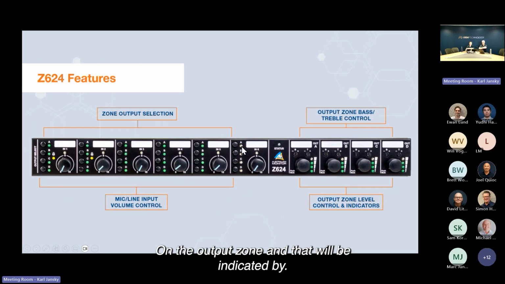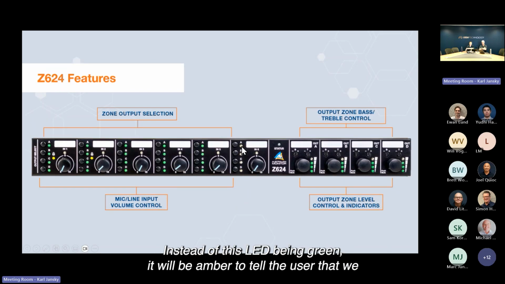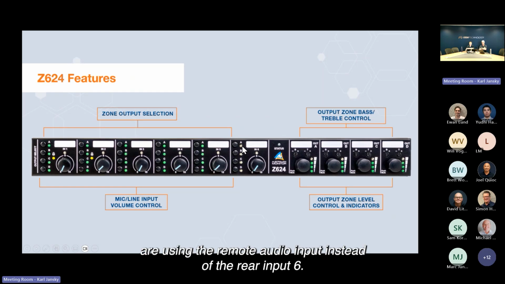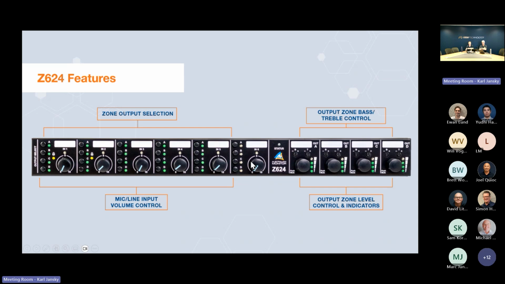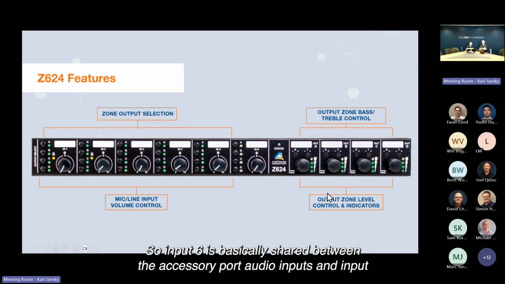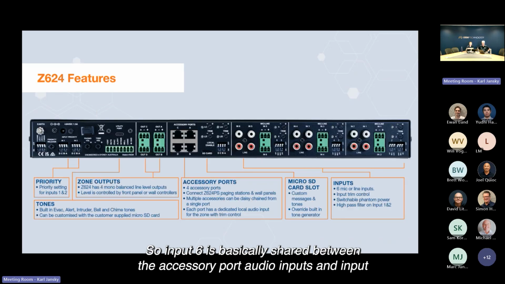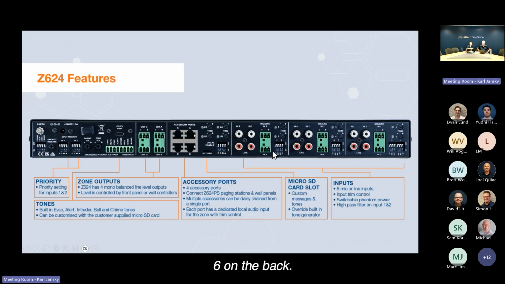And that will be indicated by, instead of this LED being green, it will be amber, to tell the user that we are using the remote audio input instead of the rear input 6. So input 6 is basically shared between the accessory port audio inputs and input 6 on the back.